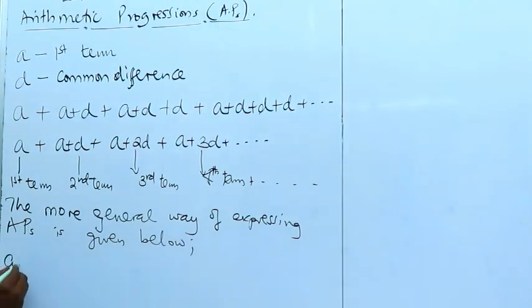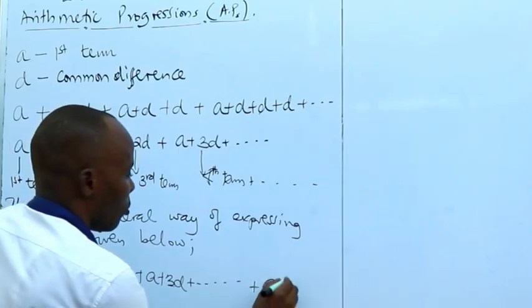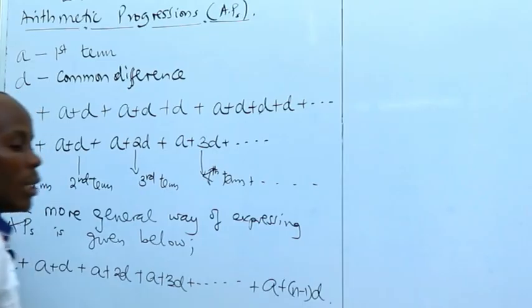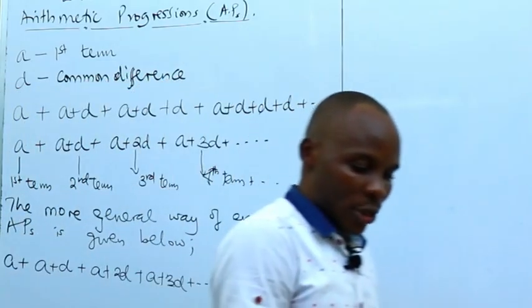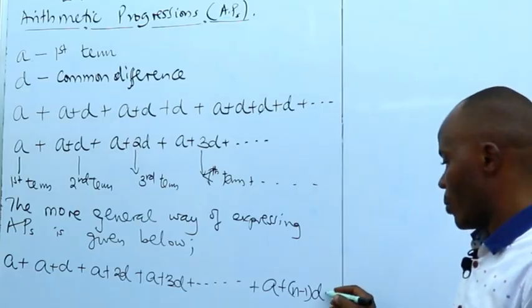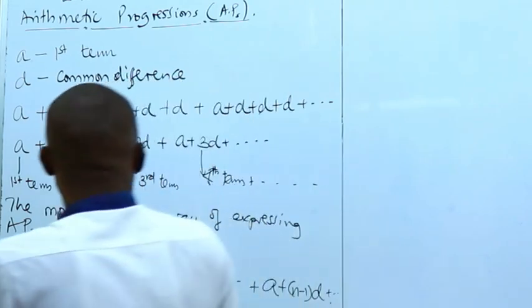We have A, A plus D, A plus 2D, A plus 3D, and A plus n minus 1 into D. You can even add on, and so on. I've talked of the more general way.